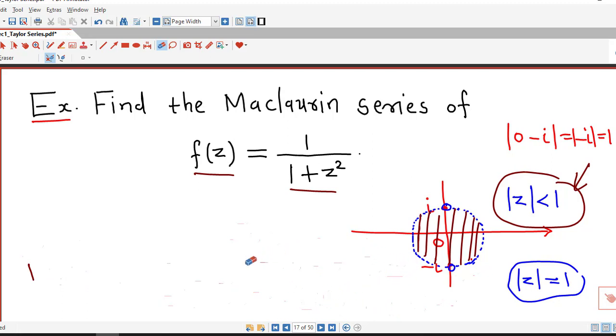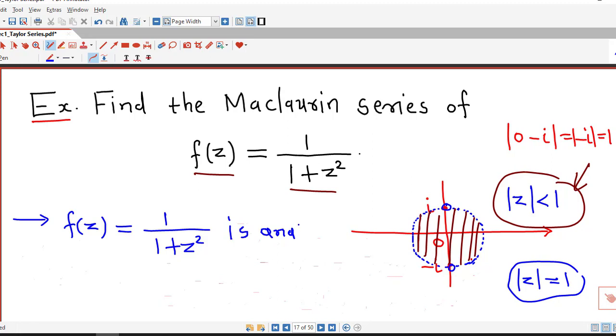And we have shown that this function is analytic in this open disk with center 0 and radius 1. So first we mention that f of z equal to 1 over 1 plus z square is analytic in the disk, or we can write open disk mod z less than 1.